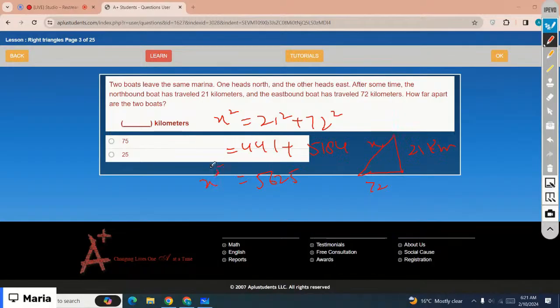And then take the square root of both sides, so that equals 75. The distance between the two boats is 75, x equals 75. Got it?